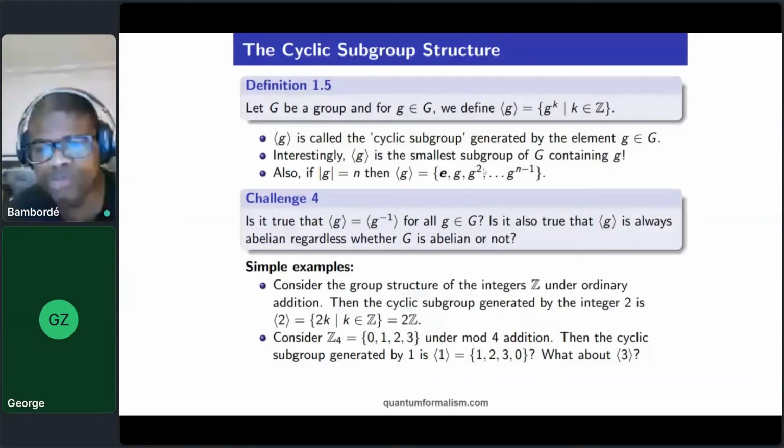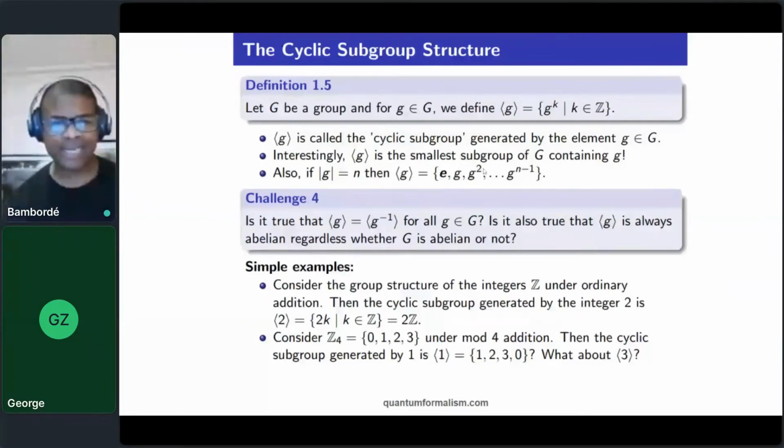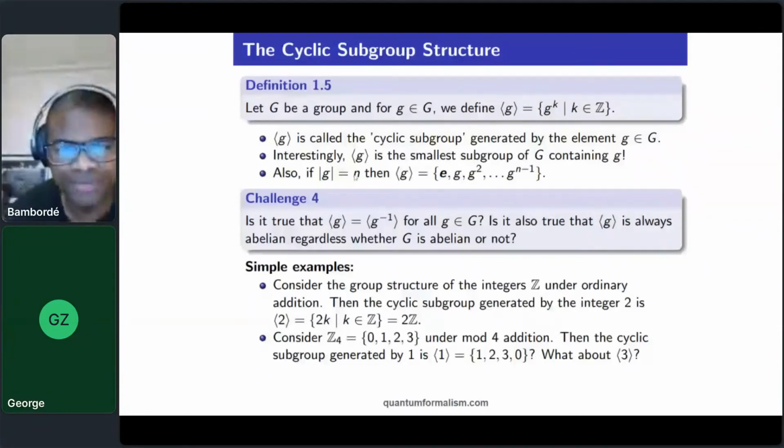So when you know the order of the element, for example like Soham was saying, then you should know how to generate the cyclic subgroup of it. That's very handy, because you know the order of it, you will immediately know how to construct this cyclic group. This is the beauty of it.